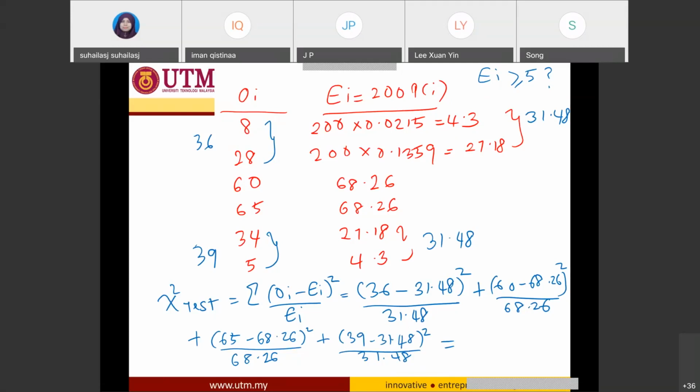Try to find 3 or 4 decimal points. Can anyone give the answer for the last value? What is your chi-square test?